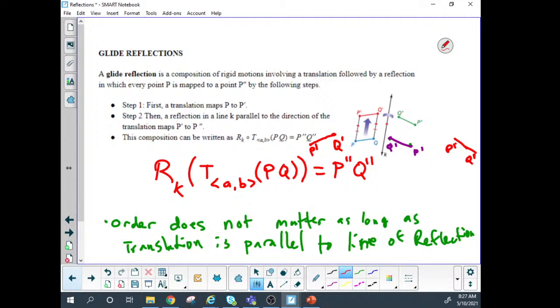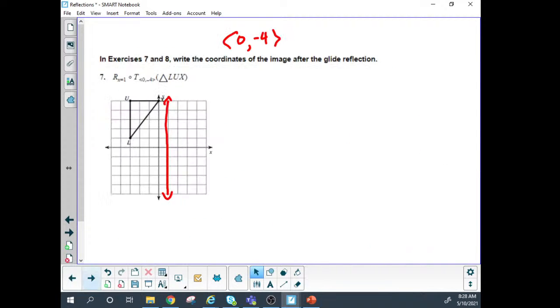If I reflect it and then move it left, then I end up with something like that. Nice. So the condition needs to be that the translation is parallel to the line of reflection, which hopefully we see is true here, right?